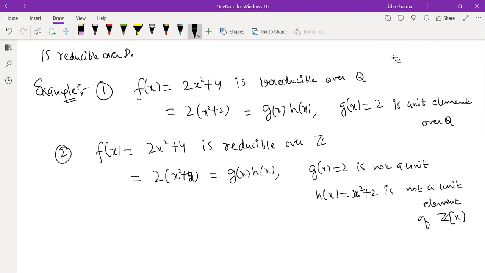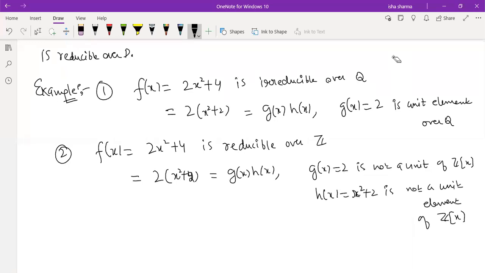For that you need to know what the unit elements of Z[x] are. What are the unit polynomials? 1 and minus 1. These are the only constant elements which are units in Z, and the same are unit elements in Z[x]. So neither of them is this, and both g(x) and h(x) are non-units.